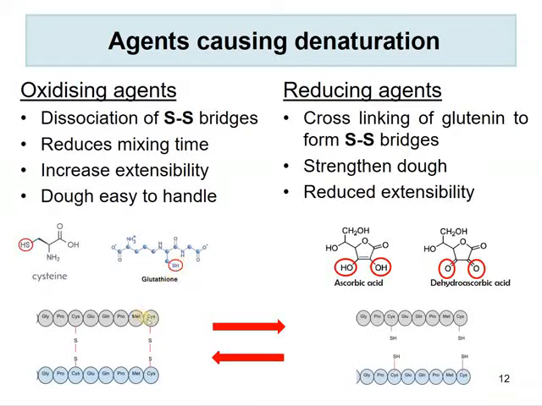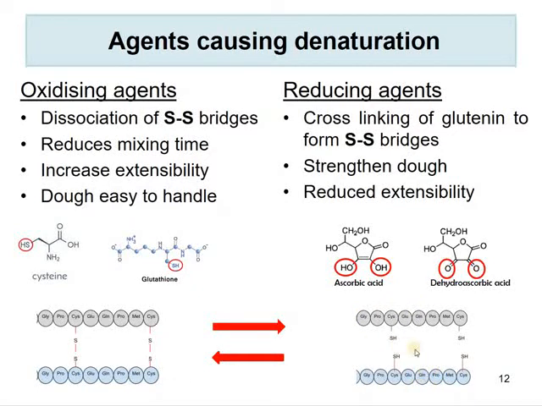When they're added, they result in the dissociation by donating the hydrogen. And that is actually reduction. So they donate, and that results in a softer structure, not so hard.